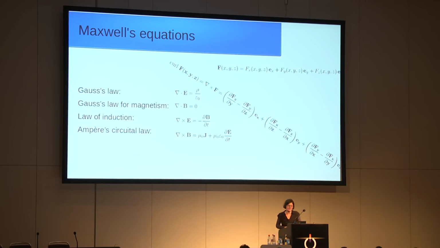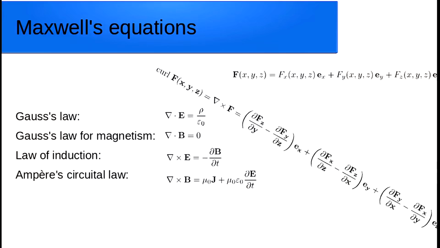The third one is Faraday's law of induction. This one describes how a time-varying magnetic field creates or induces an electric field. This lengthy term here is the curl of a vector. It describes the direction, which is orthogonal to the other ones.